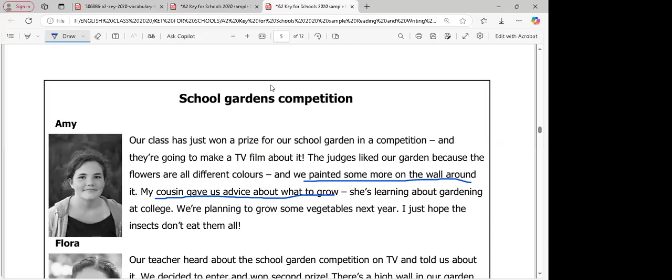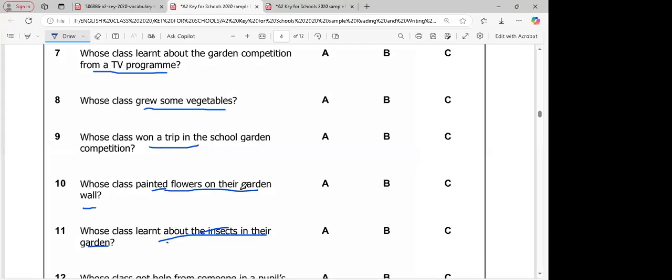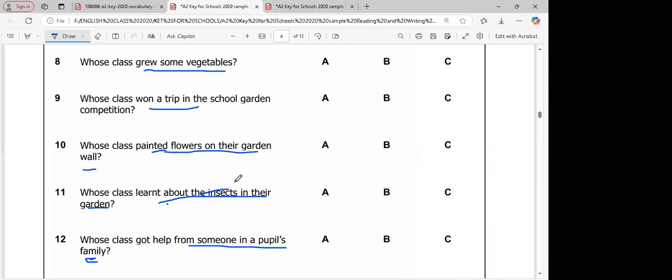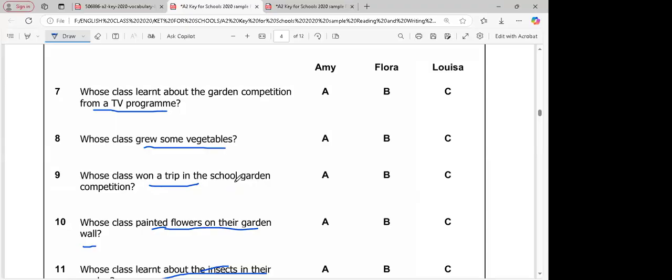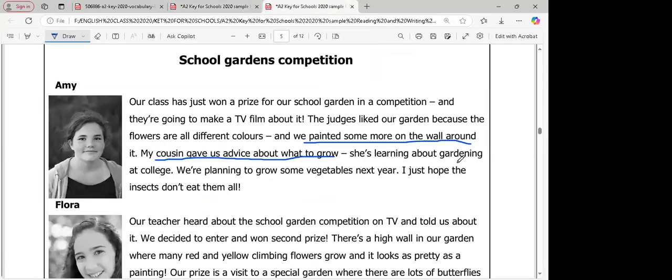There was a question like that. If you go back to the question, whose class got help from someone in a pupil's family? Question 12. Then, she's learning about gardening at college. We are planning to grow some vegetables next year. I just hope insects don't eat them.